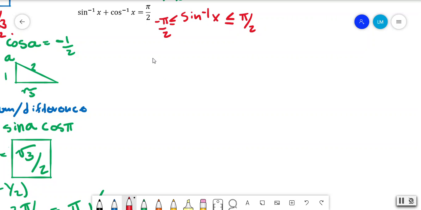In this case, I know that the answers could be inclusive to those. But then I also know that cosine inverse of x is going to range from 0 to pi.